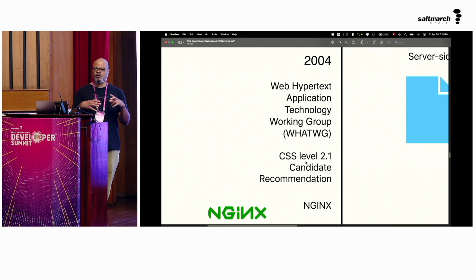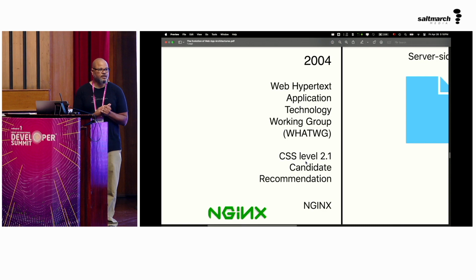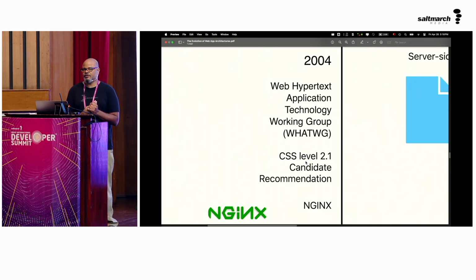XHTML was an XML compliant version of HTML, and that's what they were pushing. And that's actually what we all thought we were going to use at the time. However, a lot of people didn't want to do that, so they created the WHATWG and moved forward with HTML separately. Okay, and they won, because otherwise we'd be using XHTML today. Okay. And so for better or worse, that's the way things are.